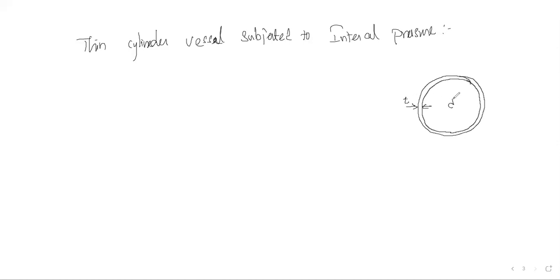This is the thickness and this is the diameter. Along this, the pressure is going to act like this. The pressure will be denoted by the letter small p.